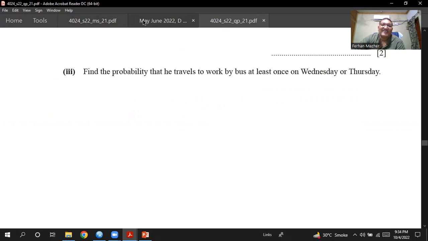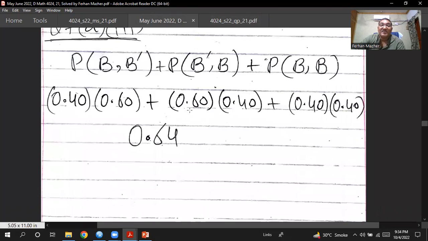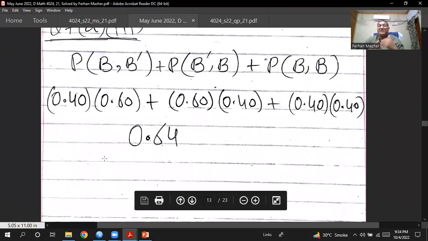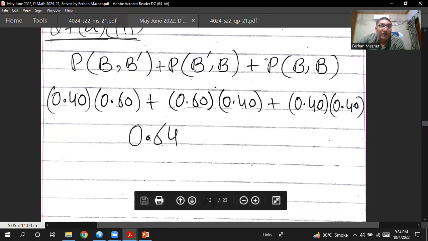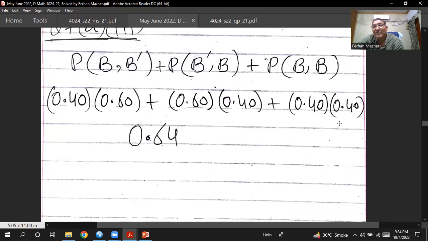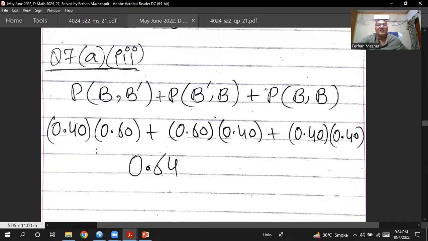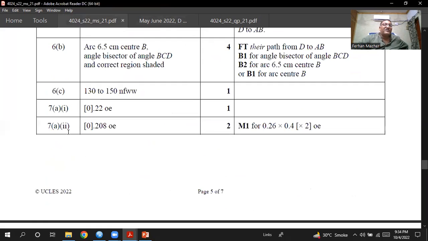At least means it can be more than one. So it will be 0.40 multiplied by not bus, which is 1 minus 0.40, so 0.60. So 0.40 multiplied by 0.60 plus 0.60 multiplied by 0.40 plus 0.40 multiplied by 0.40. That will be 0.64. So the answer is 0.64.